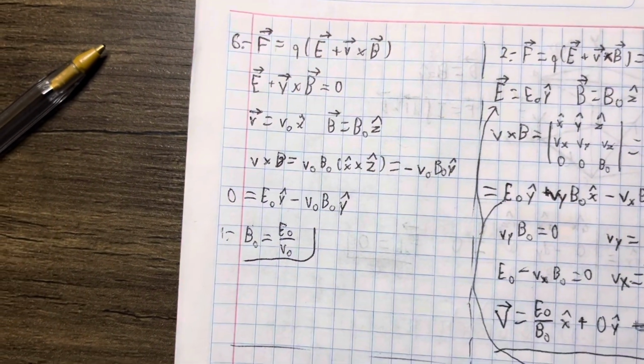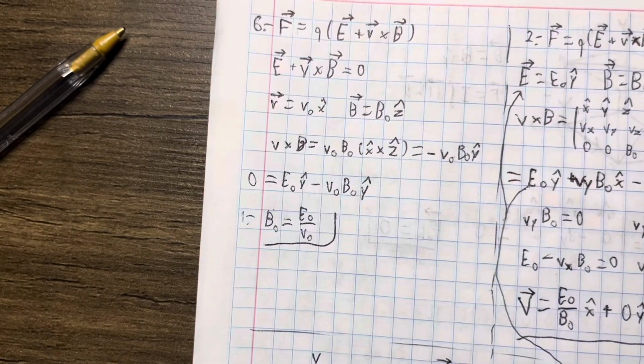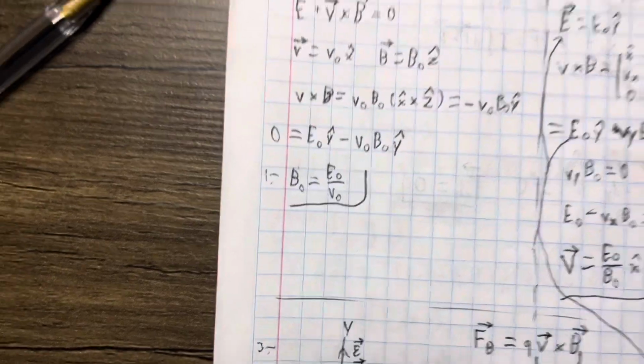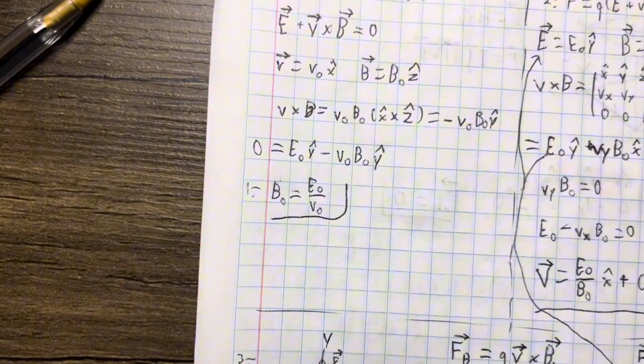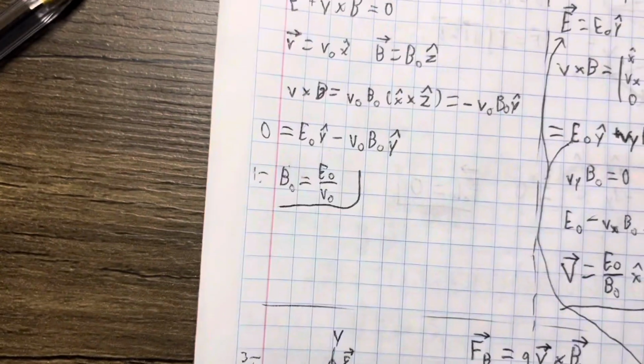Now that we have both values in the y vector, we can solve for the magnetic field, which gives us the electric field over the velocity.